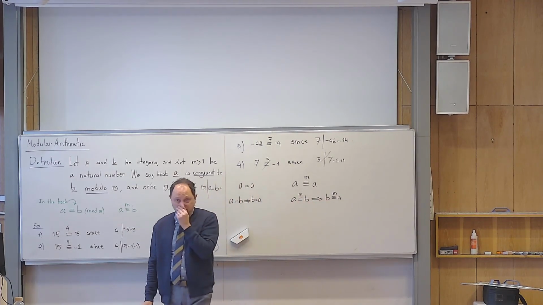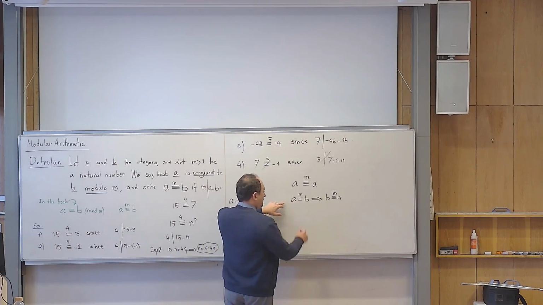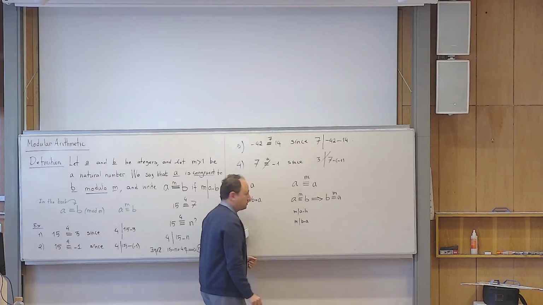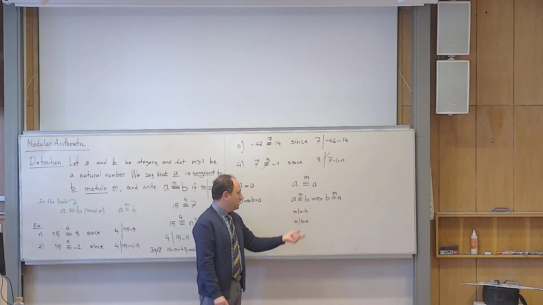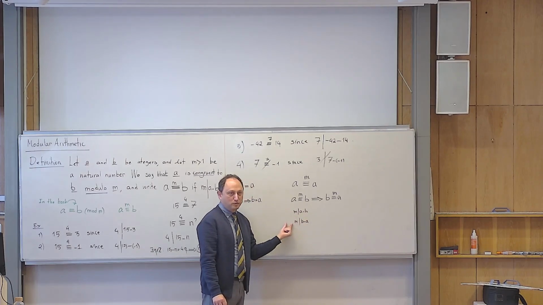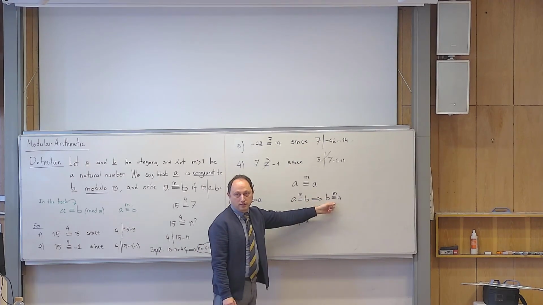Yes. Why? Because when you say this is true, it means A minus B is divisible by M. But if A minus B is divisible by M, can I say B minus A is also divisible by M? Because B minus A and A minus B are essentially the same number, the only difference is the sign. If this number is divisible by M, the negative of that number is also divisible by M. So if this is true, then this is also automatically true.